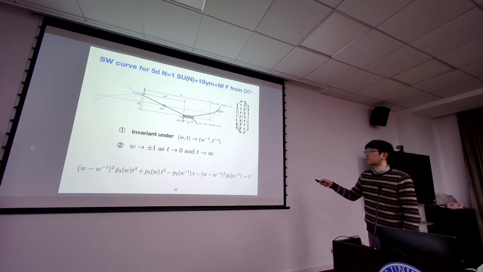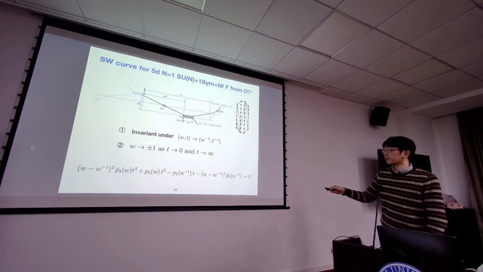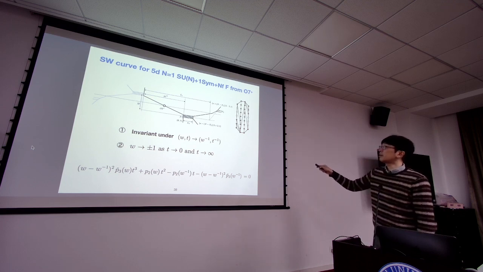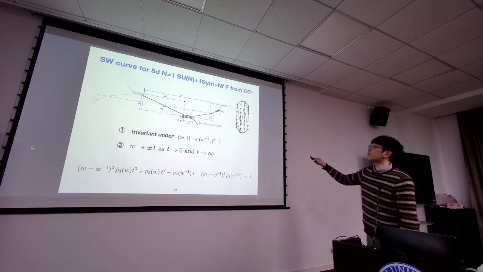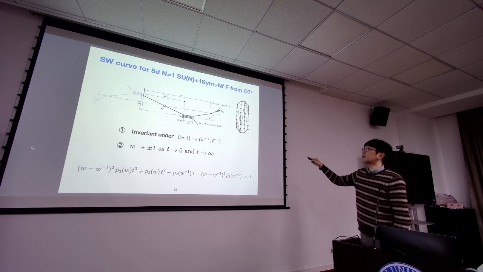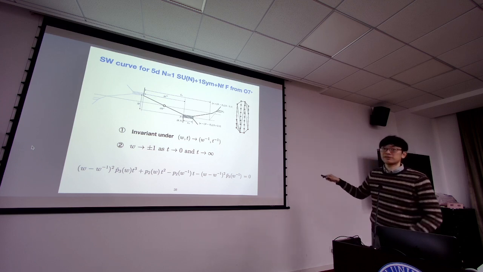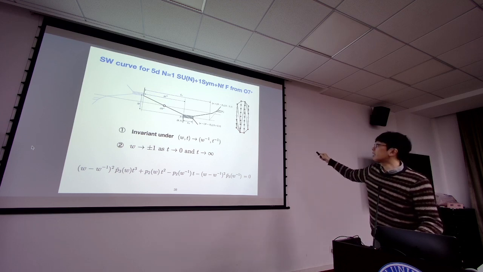So impose the Z2 invariance and also the boundary condition. We obtain not only SO but also SU with hypermultiplet in the symmetric representation, and flavor can also be obtained by using this technique with O7 plus.